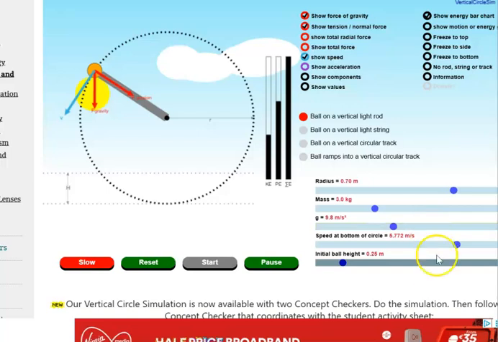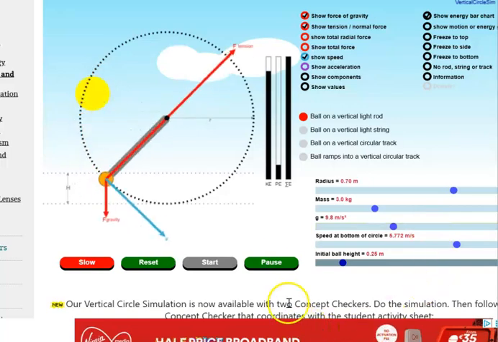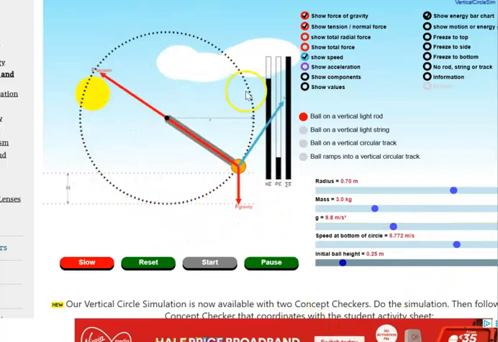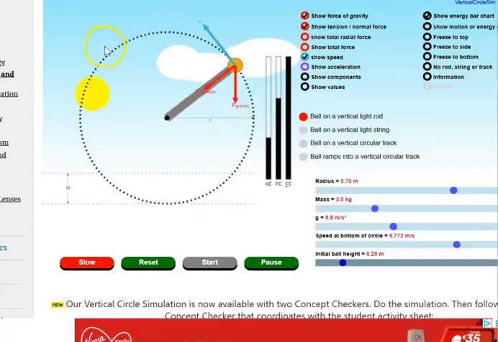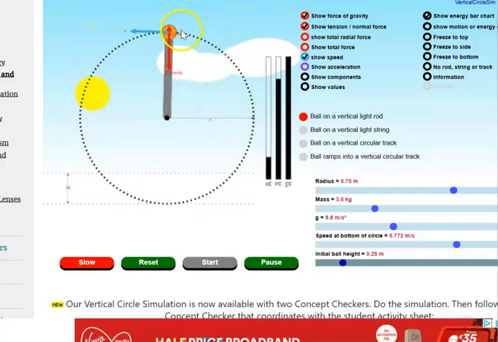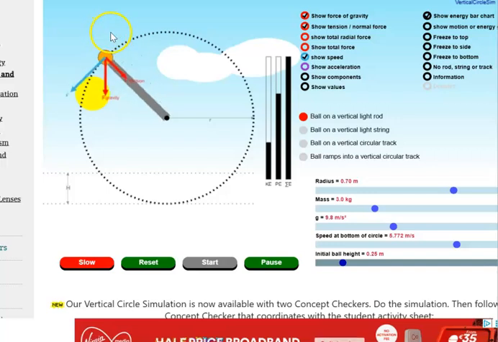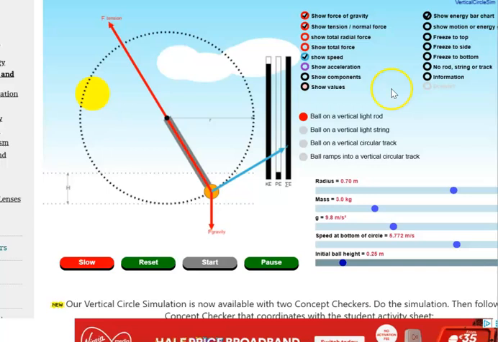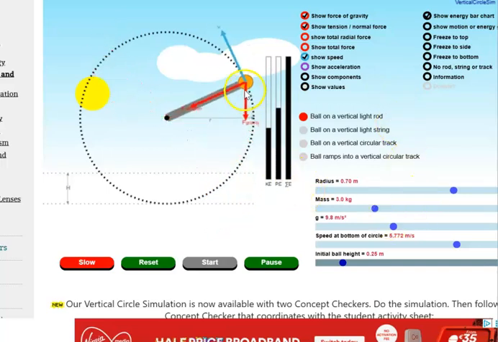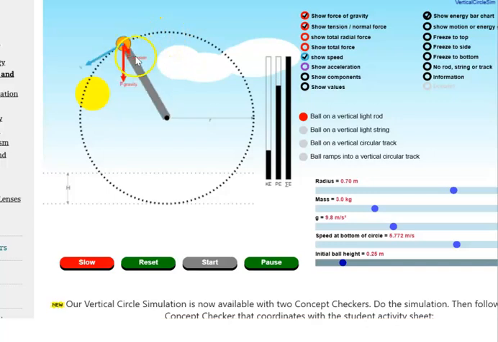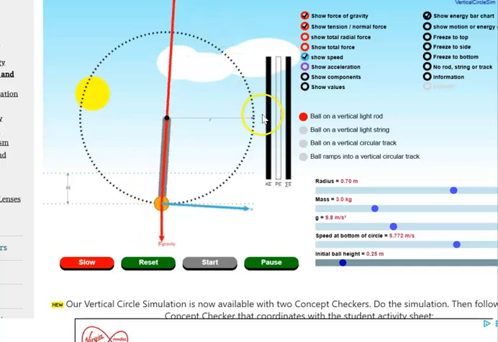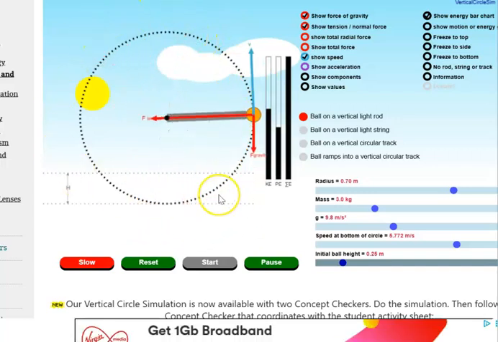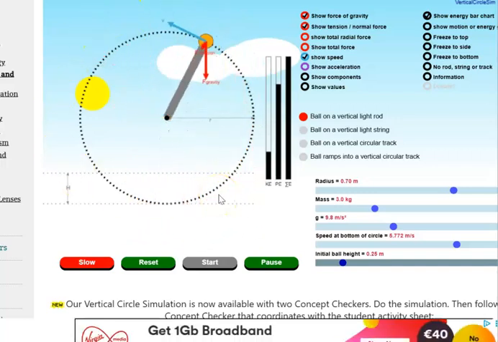The forces are acting from the metal wire onto the ring or bead, in the same way that the tension is acting from the rod onto the object. So the rod is creating that force. If the rod wasn't there, if it was instead a ring, the wire would be acting on the object.